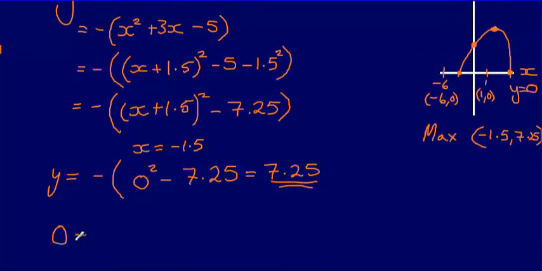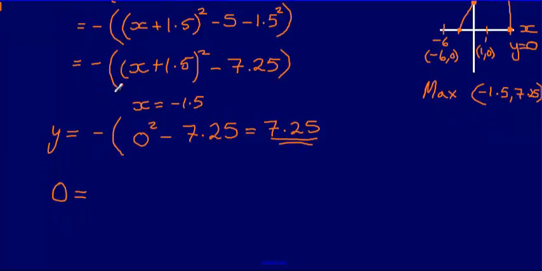So 0 is going to be equal to, and we're going to use this, 0 is equal to negative (x plus 1.5) all squared minus 7.25.